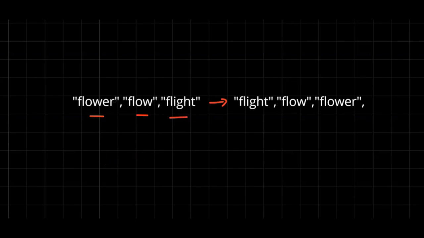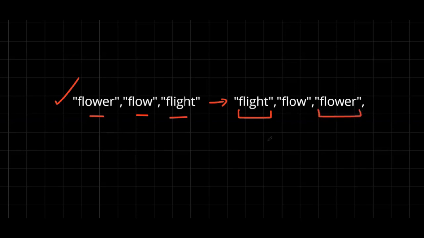Why is it so? Suppose for this example, we sort the input vector. The order of the strings will change, and the new order after sorting is flight, flow, and flower. Now, suppose we take the first string, which is flight, and the last string, which is flower.